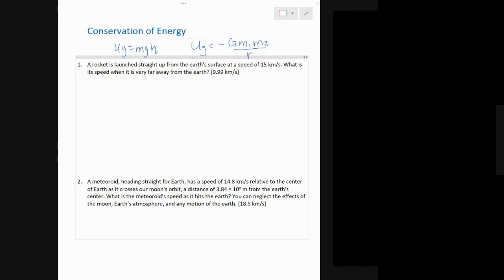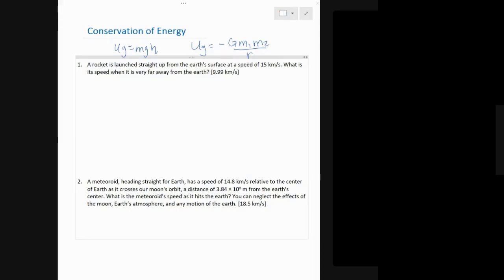Okay, so awesome. So in this case, because there's a point in the story where we're not close to the surface of the Earth, we need to use that second, more complicated equation for UG. We can't use mgh at all, even though we are close to the surface of the Earth at one point. We're not close to it at a different point in the story, so we have to use the harder equation.